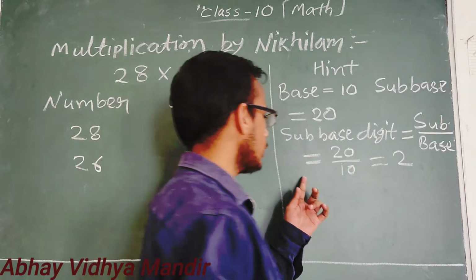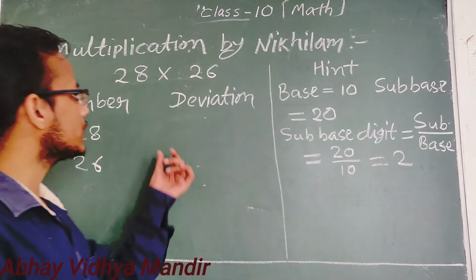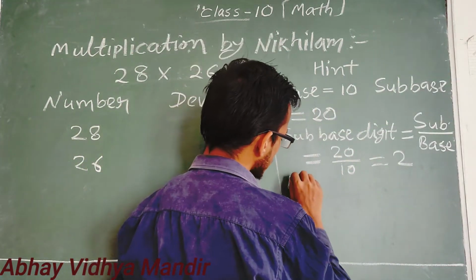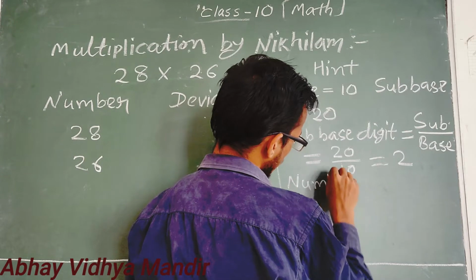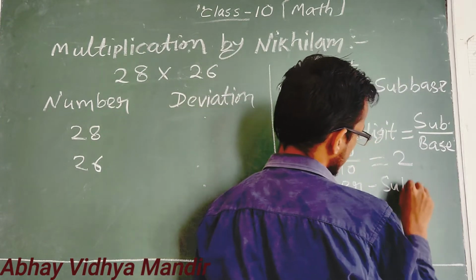Now we have to find the deviation. What is the deviation? Deviation is number minus subbase.